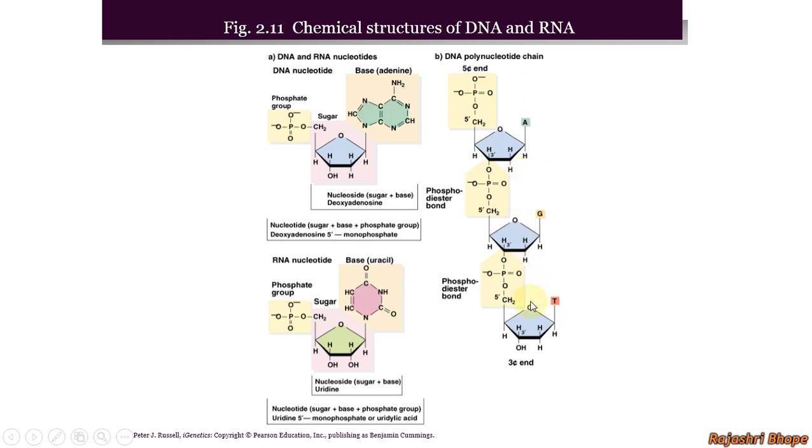This is a polynucleotide chain of the DNA molecule, where the 5th carbon of the sugar is linked to the phosphate group. Then the 3' OH of the sugar is linked to the next nucleotide's phosphate group.